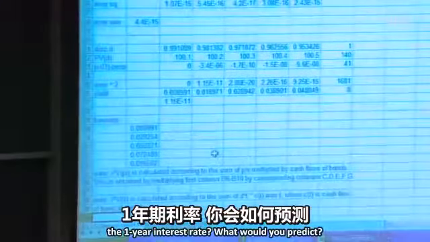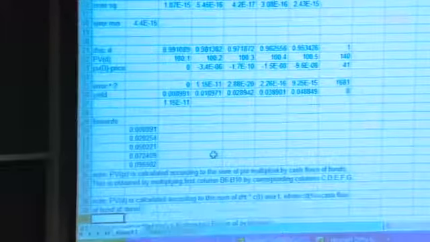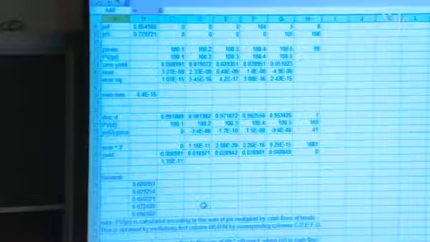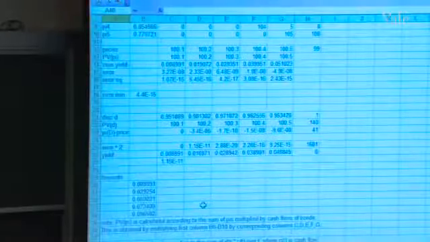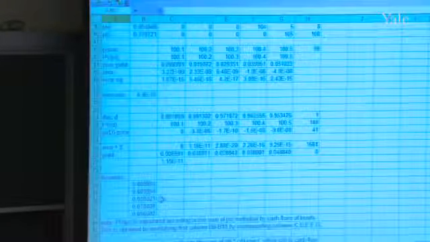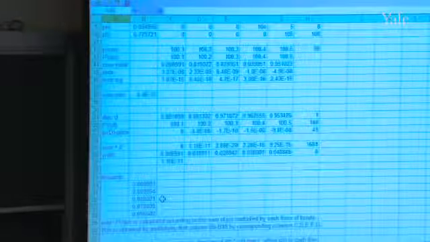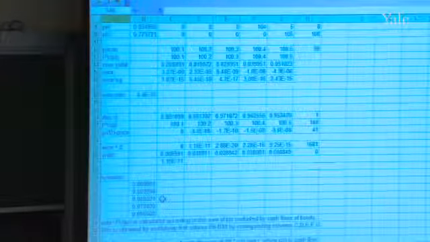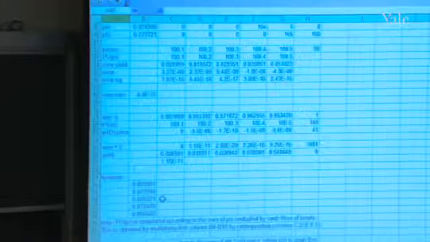What would you predict? Yeah. The market predicts maybe the forward rate.